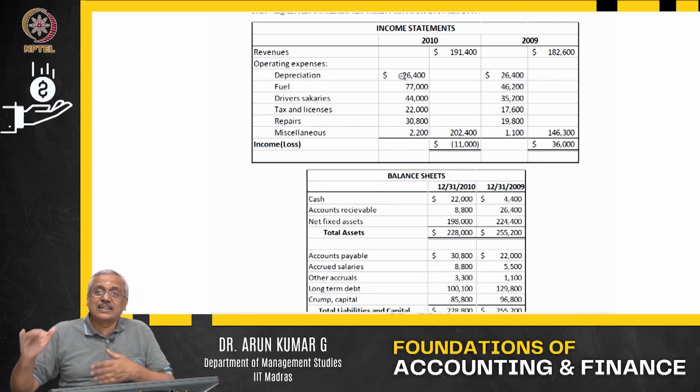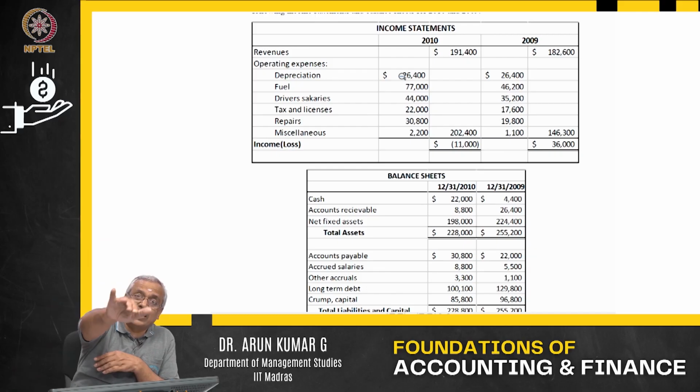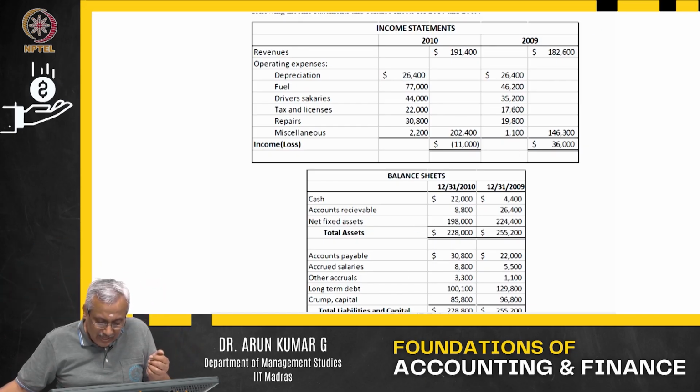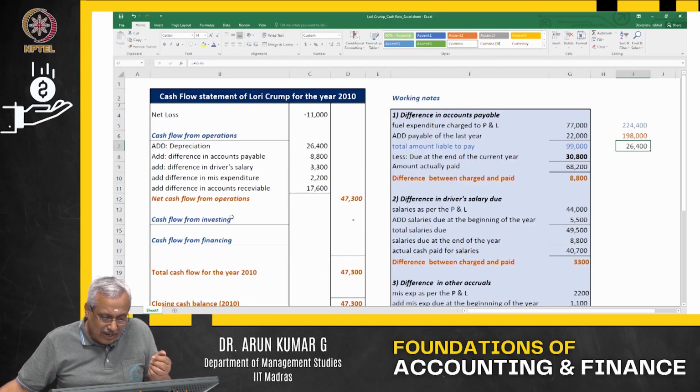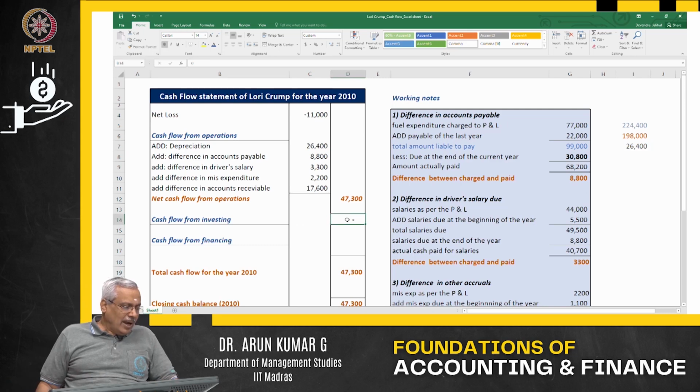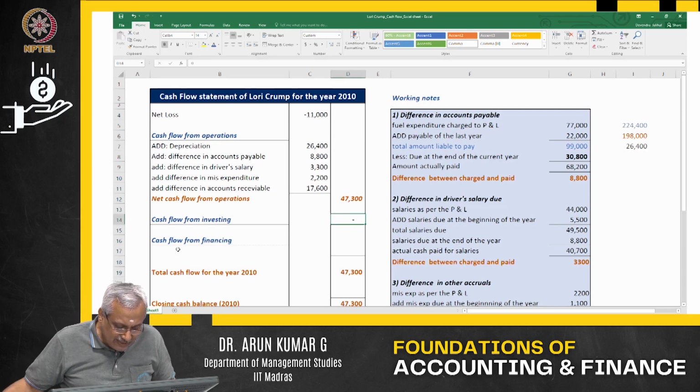That means the asset value is reduced not because of a sale but because of depreciation. Depreciation is a non-cash expenditure. So, as far as the cash flow statement is concerned, my cash flow from investing is 0.